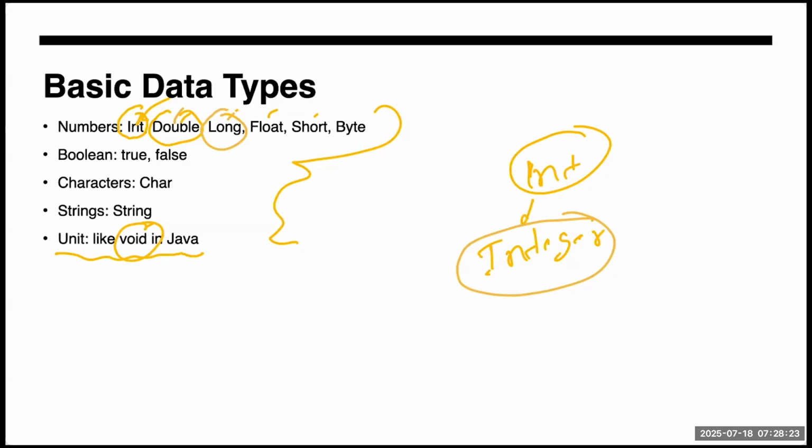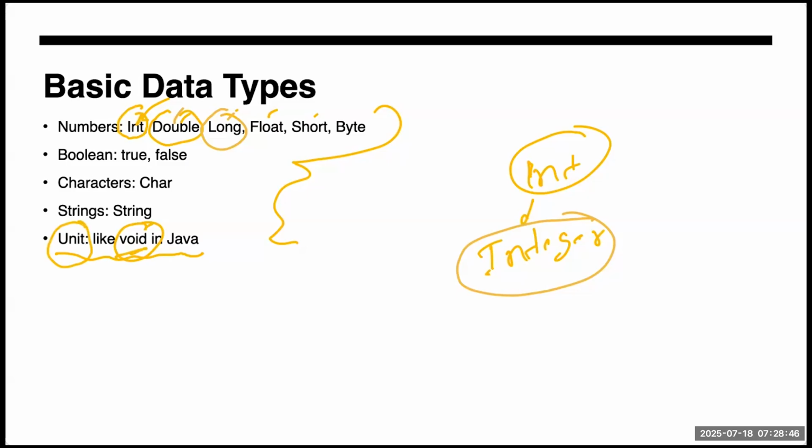Similarly, you have unit in Scala. When you don't want to return anything from any function or anywhere, you use unit. In Java we use void when we don't want to return anything. In Scala, we use unit.